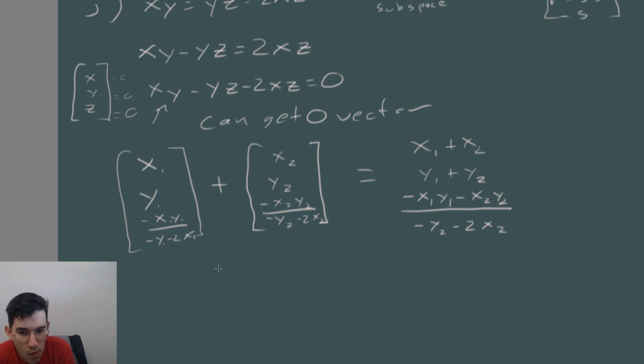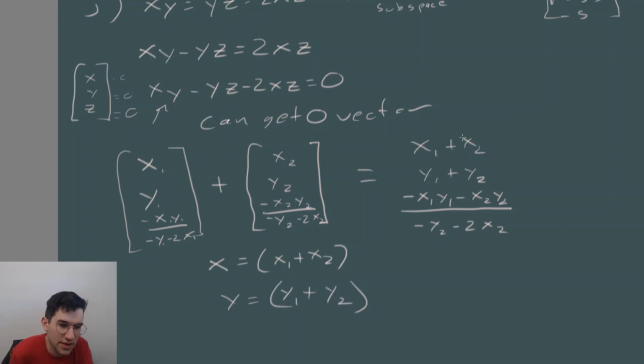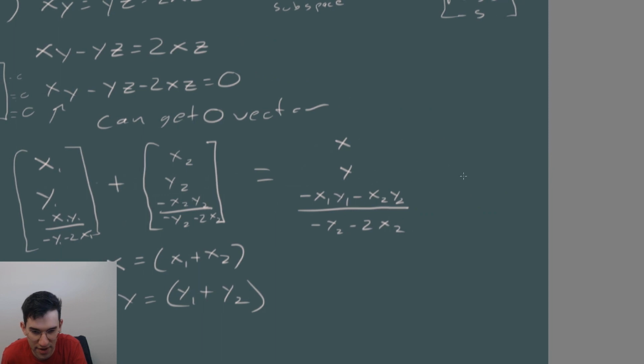If we substitute x equals x1 plus x2 and y equals y1 plus y2, can we, well, the first one gets rid of our first one, easy. Gets rid of our second one, easy. Now we need to figure out if we can get this one in that form. So, can we factor out x1 plus x2?